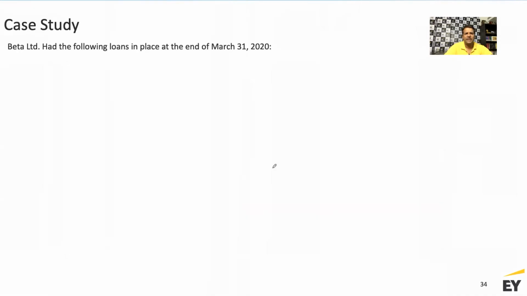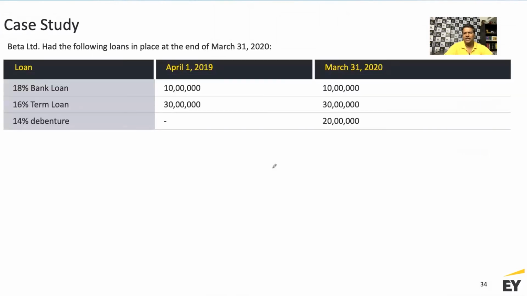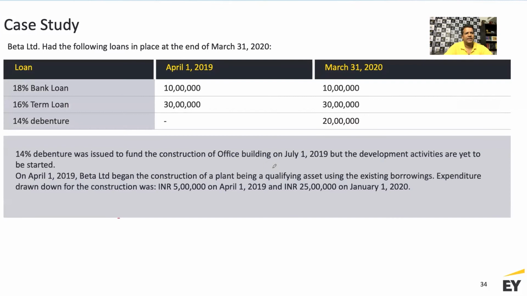Beta Limited had the following loans in place at the end of March 31st, 2020: an 18% bank loan of 10 lakh, a 16% term loan of 30 lakhs, and there's a 14% debenture which also pops in at 20 lakhs. Now, the 14% debenture was issued to fund the construction of an office building on July 1, 2019, but the development activities are yet to be started.